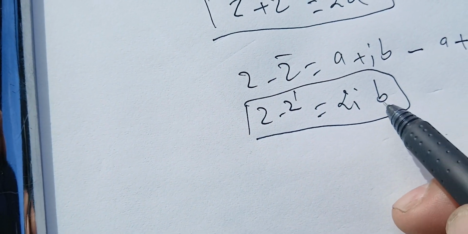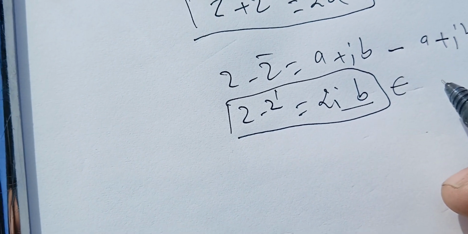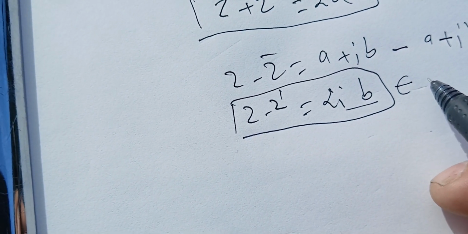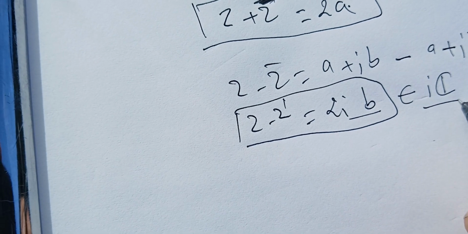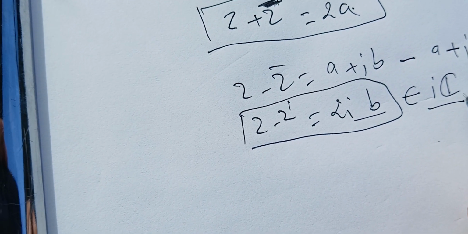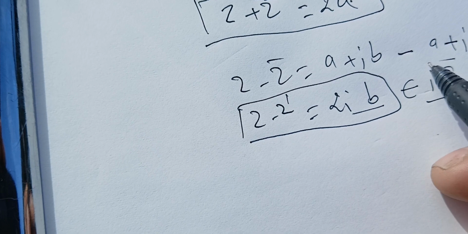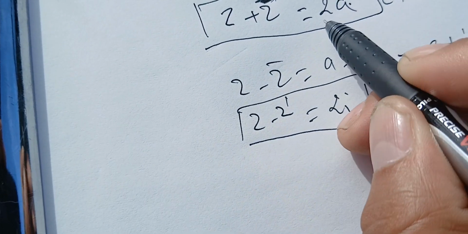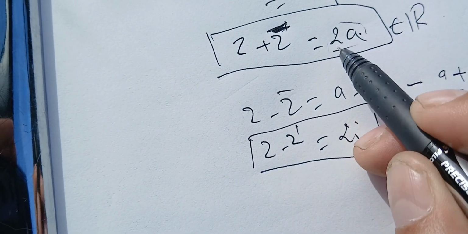So this is a number that's in C, and in fact it's a pure imaginary. We write it iR. This is the notation for pure imaginary numbers. But this one is in R because a is real.